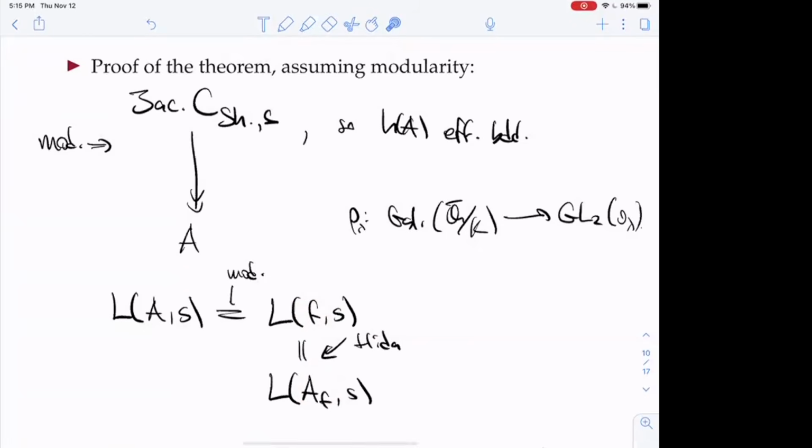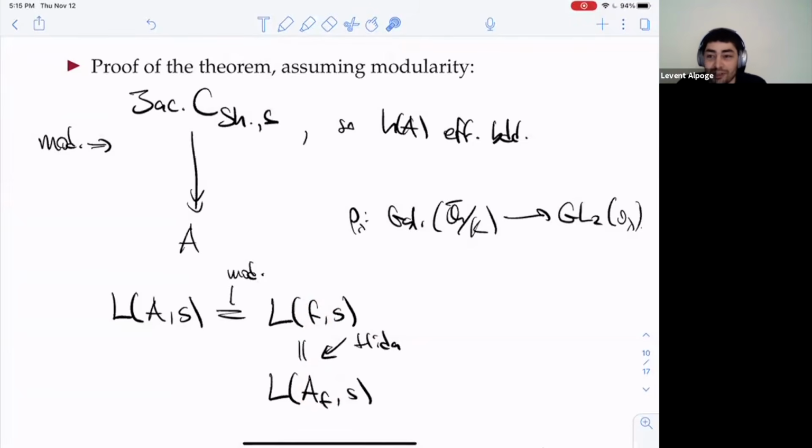It's a Jacquet-Langlands transfer. I want to end up with this Galois representation, the Galois representation of this Hilbert modular form, in H1 of something, so H1 of a curve.